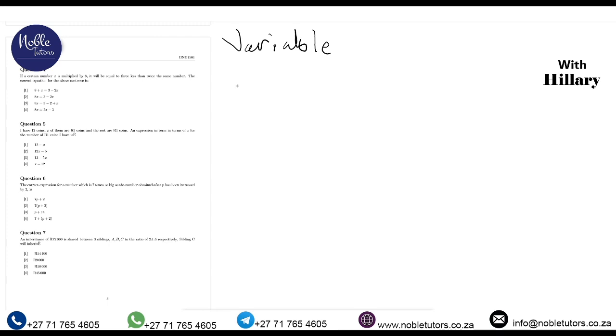Examples of variables can be x, y, z, pi, r, p, q, any symbol, can be infinity, any symbol or letter that is used to represent an unknown number, that's a variable.